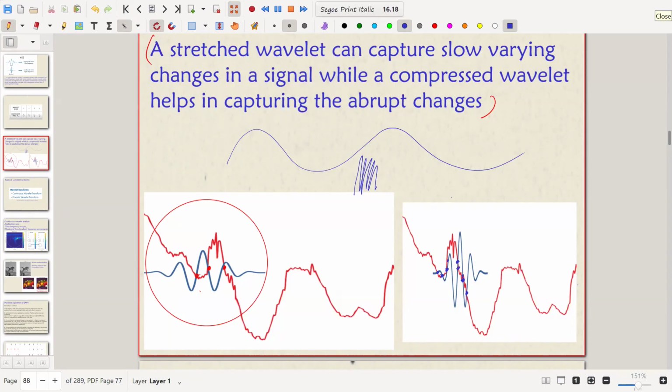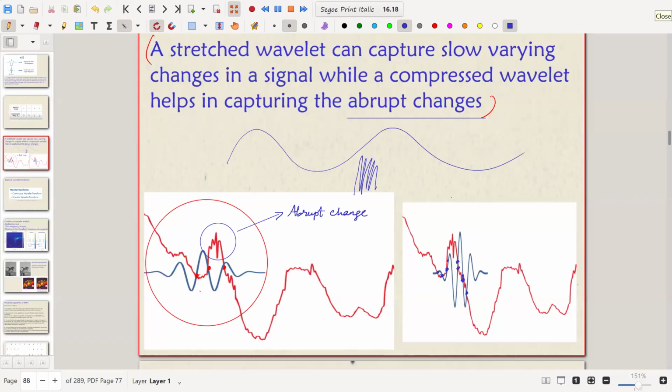A stretched wavelet is not a good idea to understand abrupt changes. This is an abrupt change, right? Suddenly it got a spike. Now, in order to capture that abrupt change, there are two options: will you use a stretched wavelet or a high frequency wavelet?